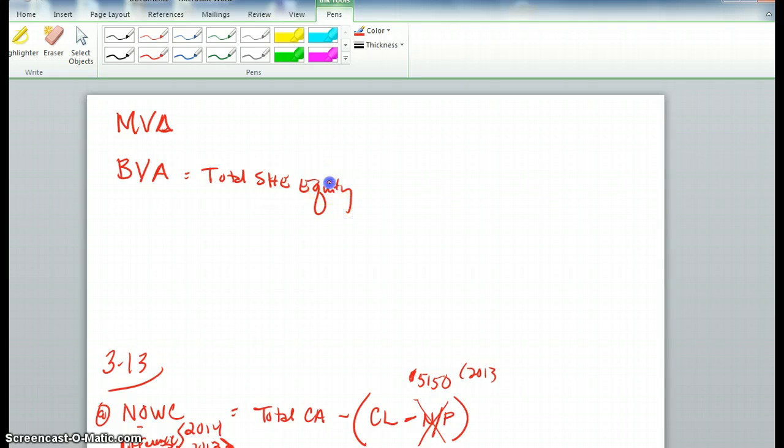And you can actually see that on the balance sheet in 2014. Your total stockholders' equity is, I'll just give it to you because it's right there, 82,025. You've done a stockholders' equity statement. It should have that on there.